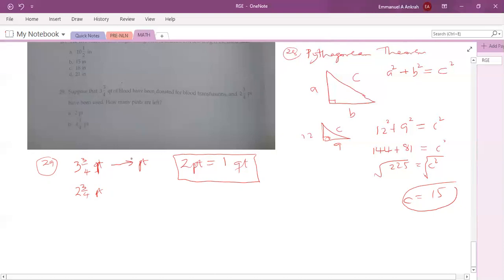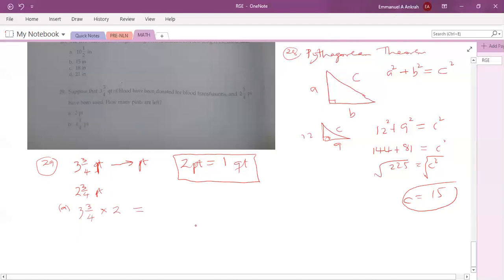To convert 3/4 to pints, the first step, let's call it step A, is to multiply 3/4 by 2 so that we get the answer in pints.